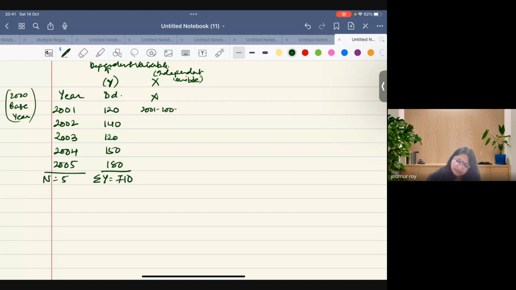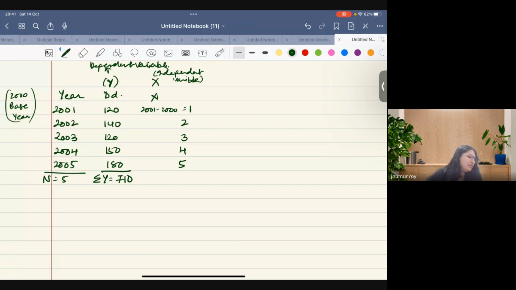So what is it? 1 year. Similarly 2002 minus 2000 will be 2. 2003 minus 2000 will be 3. 2004 minus 2000 will be 4. 2005 minus 2000 will be 5. So this is how we have calculated the value of x.